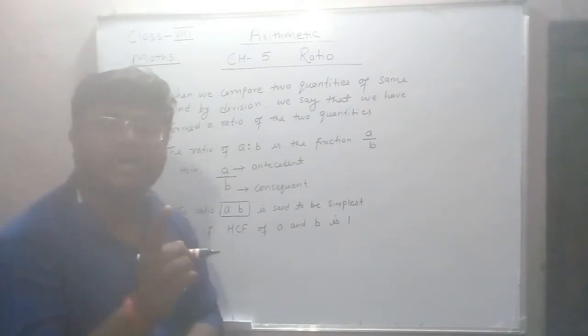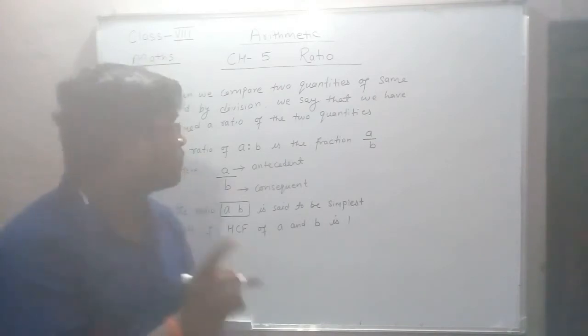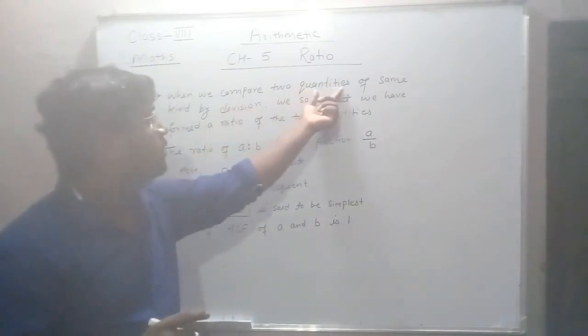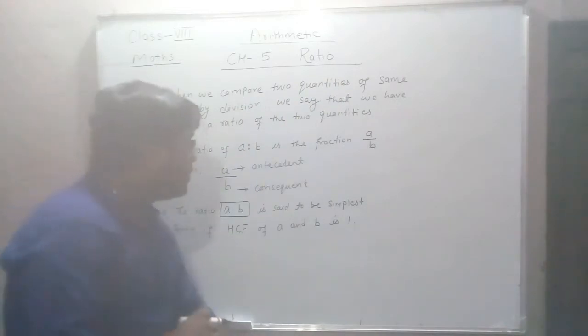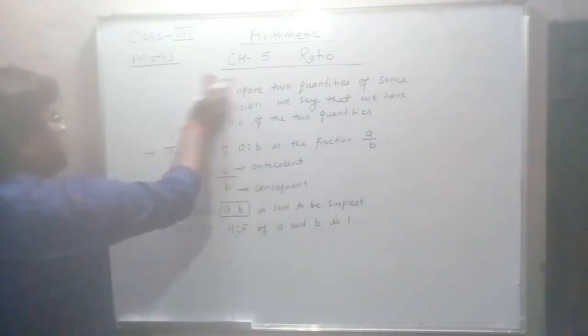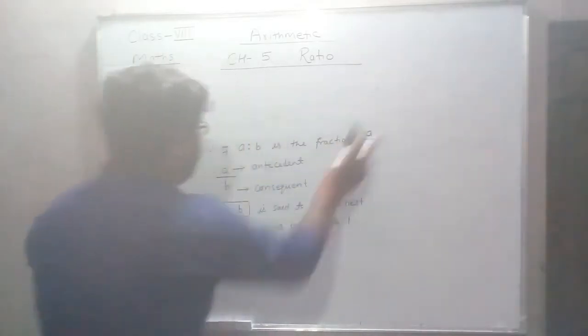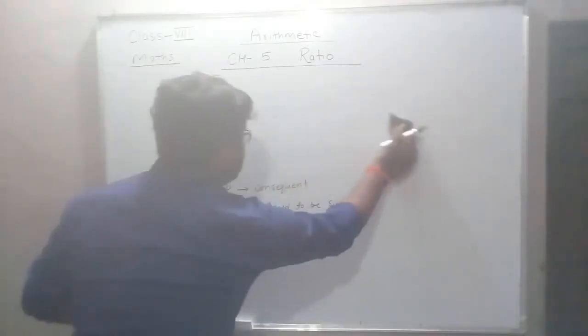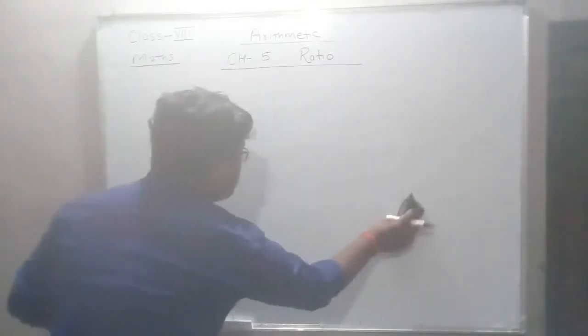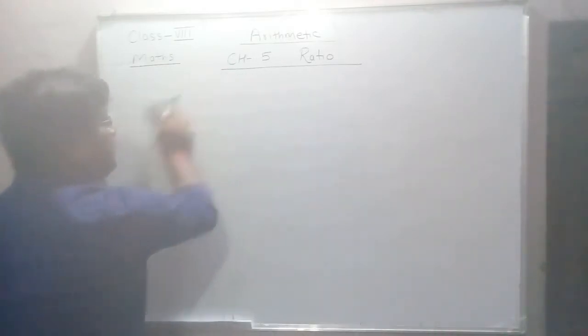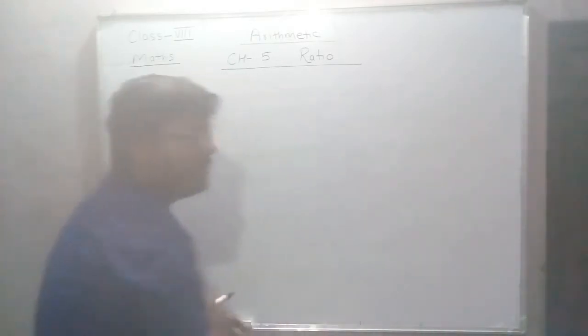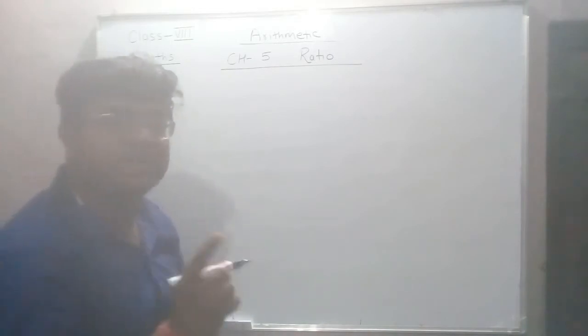The numerator is called the antecedent and the denominator the consequent, and in simplest form the HCF of antecedent and consequent must be 1.